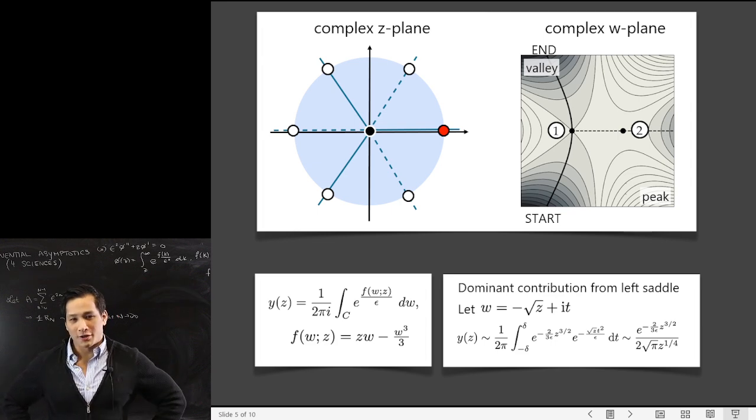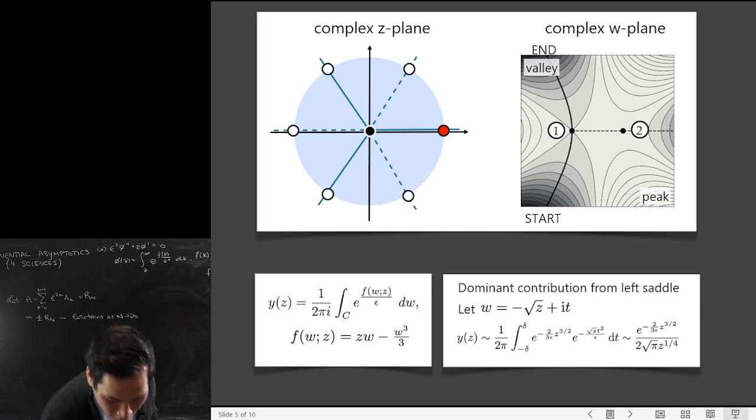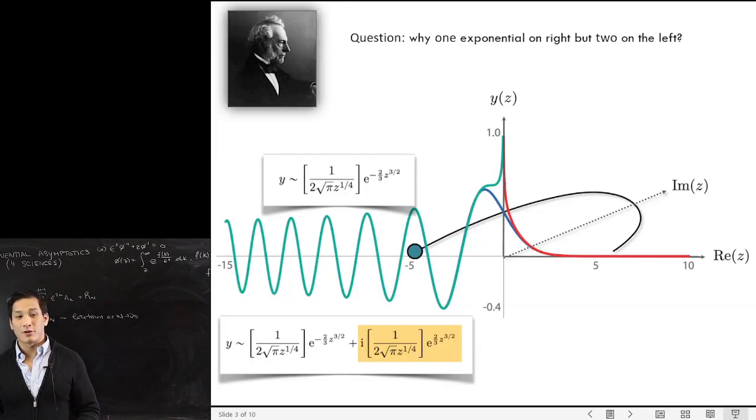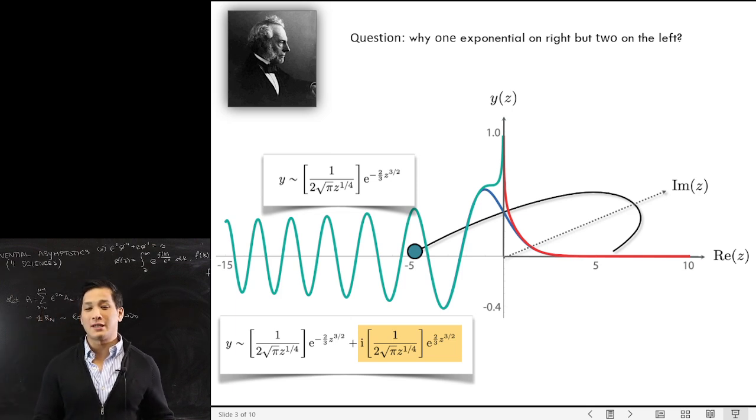You should appreciate that because we have the method of steepest descents, it's relatively easy to see this mechanism, right? If I go back to this original picture, it's now easy for us to see that as we move around in the complex z-plane from the positive real axis to the negative real axis, somewhere along a line, this Stokes line, this secondary exponential switches on.